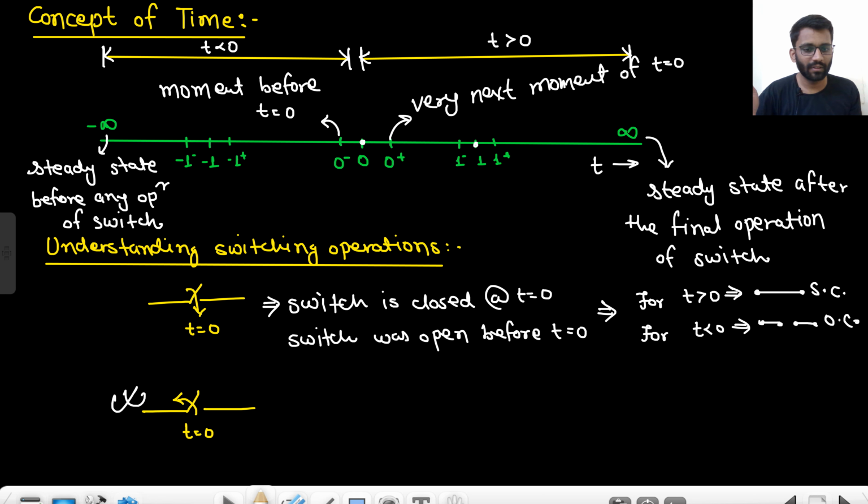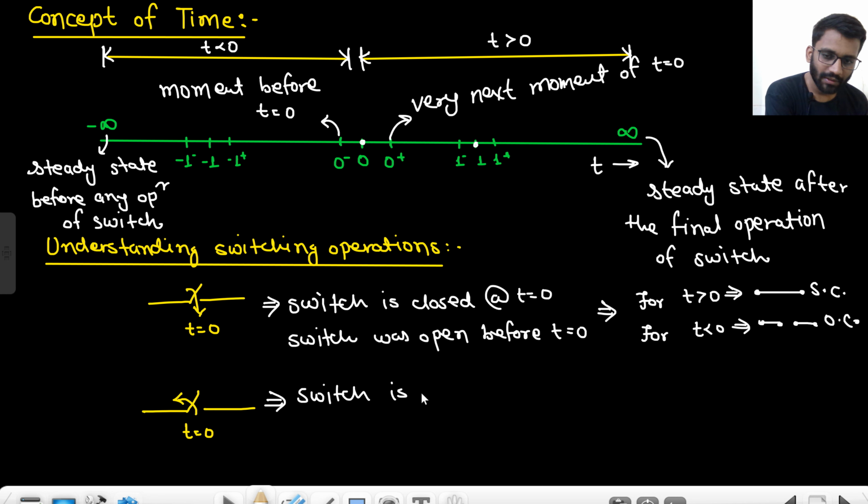Are you getting this point? That means the switch is opened at t equals 0. That means the switch was closed before t equals 0.